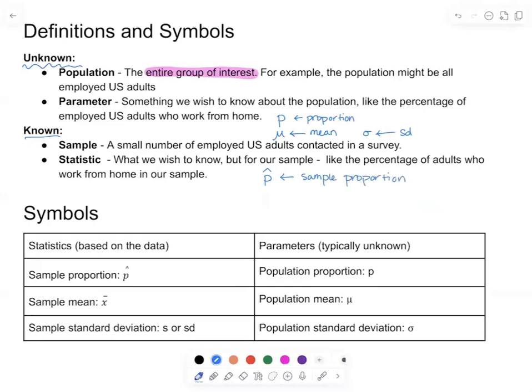But as we move to talking about quantitative data, we're going to be using X bar for the sample mean, and we're going to be using S or SD for the sample standard deviation.